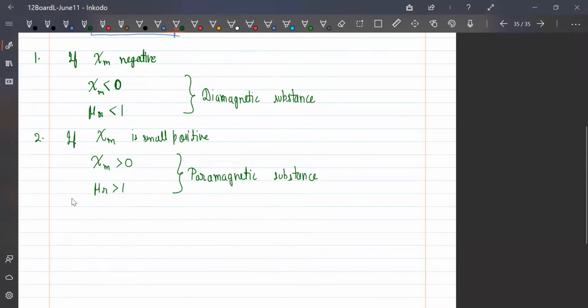And the third case is called the ferromagnetic substances. If xi m is large positive, it could be 1000, 500, or 400. So again, xi m is very big, large positive, so it is called a ferromagnetic substance.